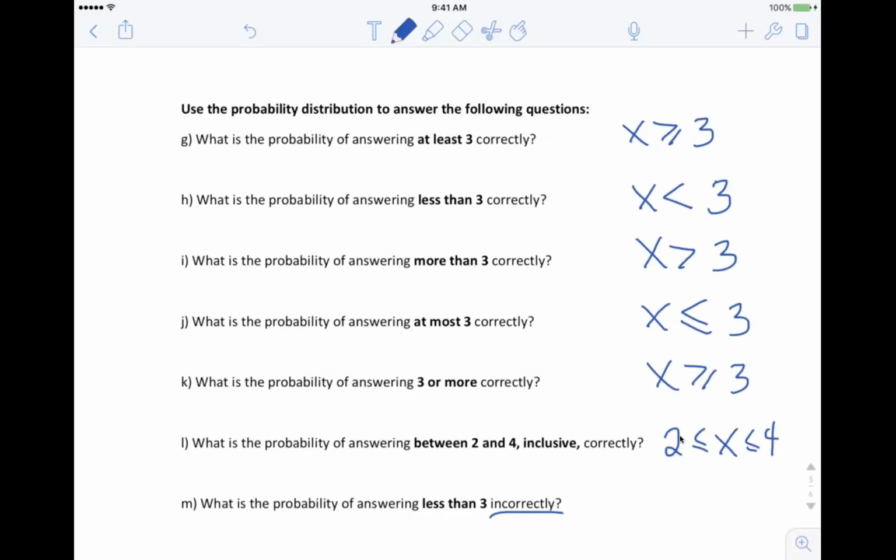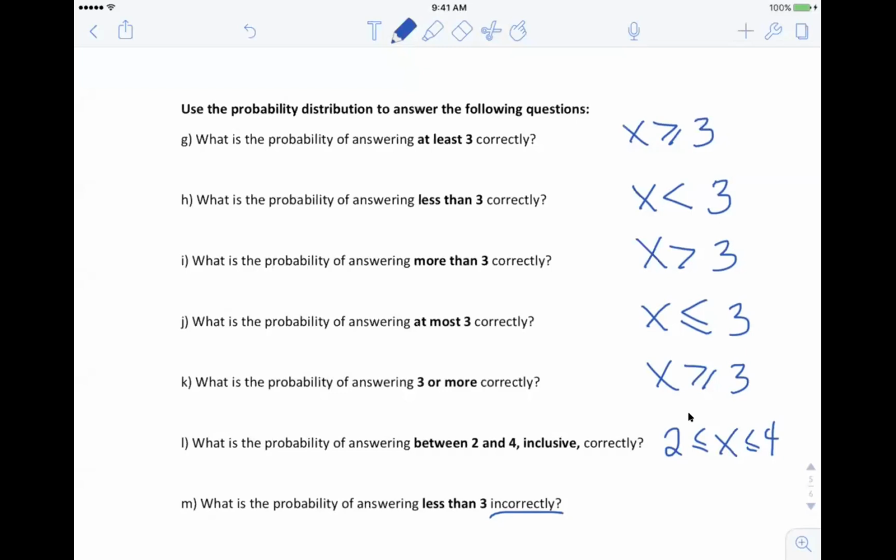So if you get less than 3 wrong, that will be 0, 1, or 2 incorrect, which means you have at least 3 correct, right?